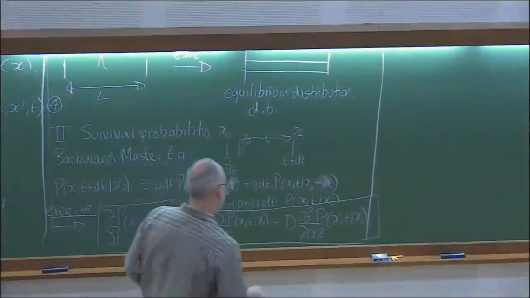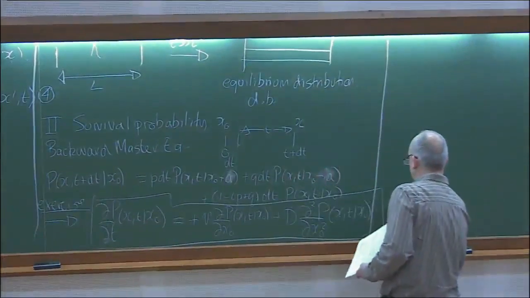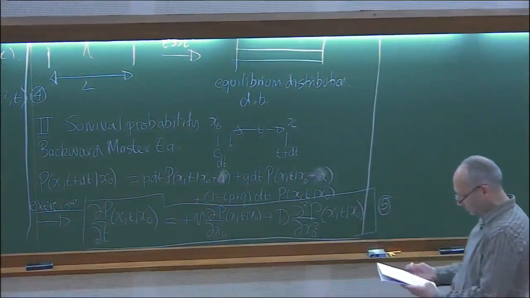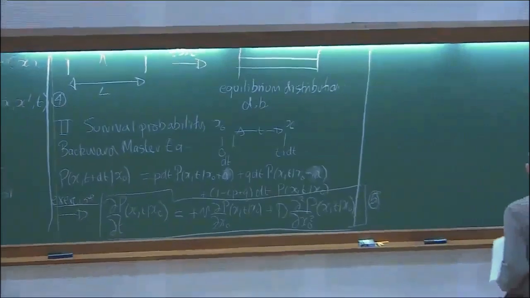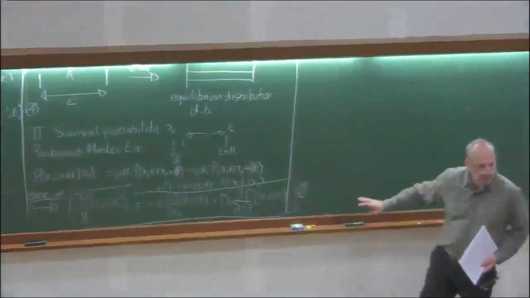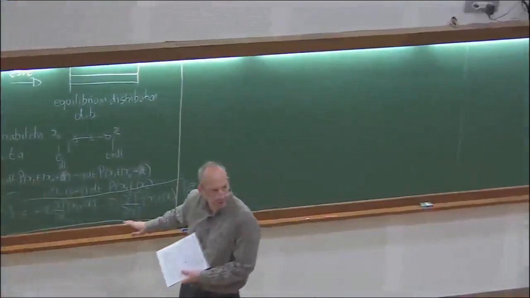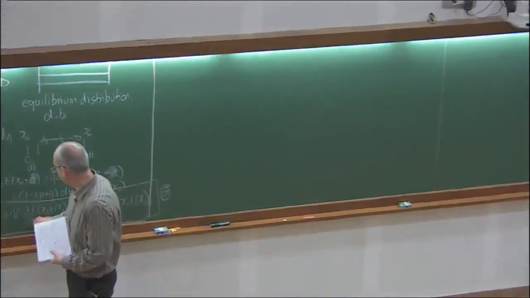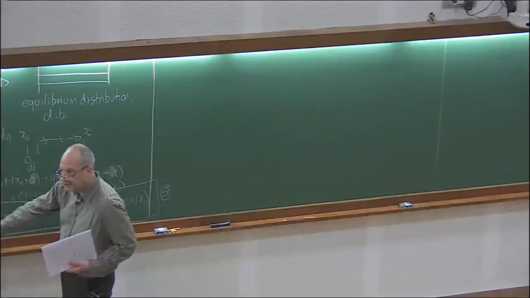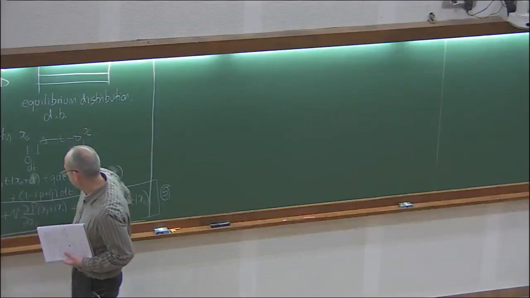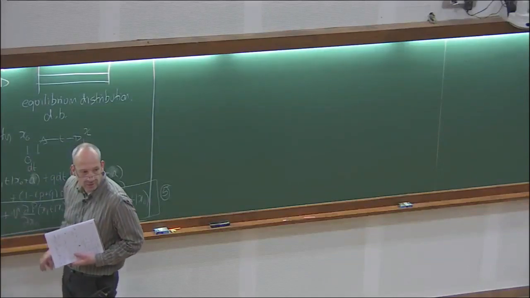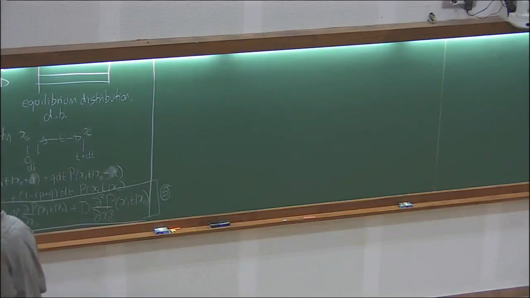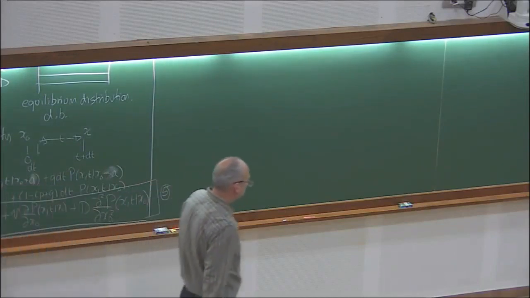And this is number 5. Okay, so you're happy with that? So this is a backward master equation. And basically, the spatial coordinate that we're working with is the initial position. And the difference is I get a plus v here rather than a minus v.